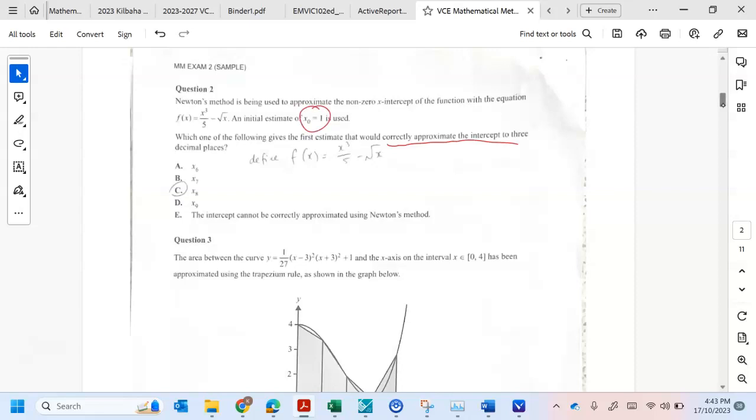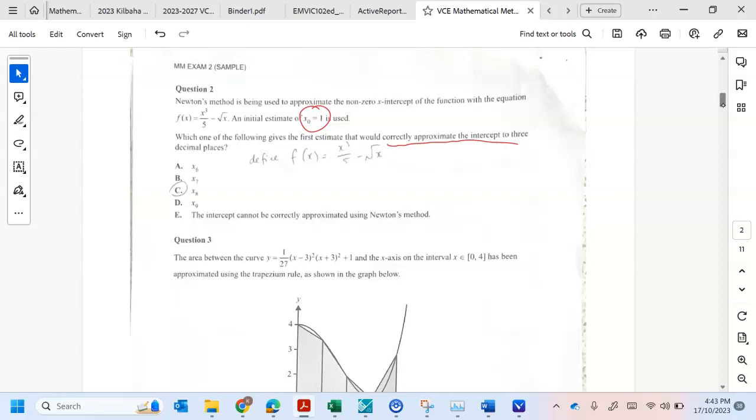Newton's method of approximation will give you an initial estimate, in this case, 1. We've got to use that knowledge to apply Newton's method. Which is the first estimate that would correctly approximate the intercept to 3 decimal places?